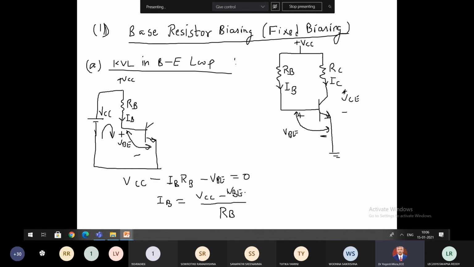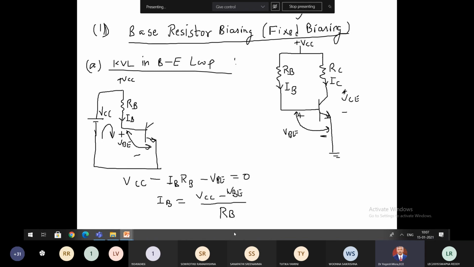Divide by RB. RB is a constant. So here the value of IB is fixed, right? Due to VCC, which is fixed, due to VBE, that is fixed, due to RB, which is fixed. So value of IB is fixed. And since value of IB is fixed, it is also called as fixed biasing circuit, right? So its name came from this IB. IB is fixed, or base resistor biasing. From the base, one resistor is connected, IB, right?